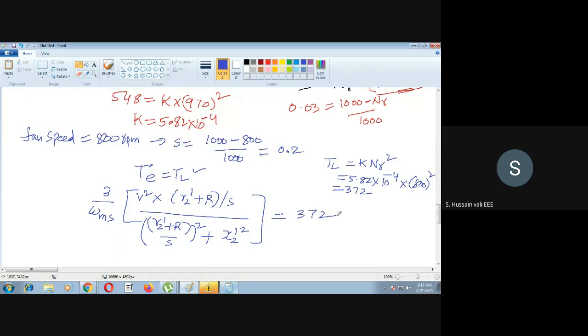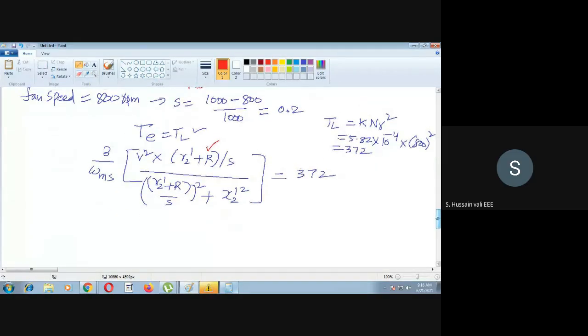And now what are the unknowns here? You see the entire equation here. What are the unknowns here? Now everything is known except only one unknown. What is that? R. The S value 0.2 we found out. V, omega ms, everything, so except R is left. So when you solve this equation, please solve this equation yourself, because now it's a quadratic equation you will get.